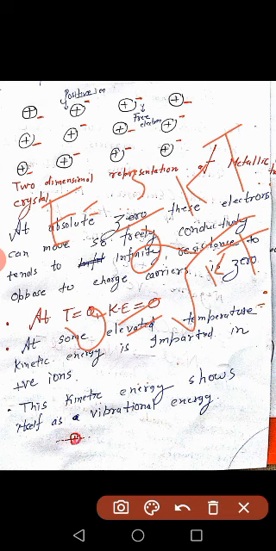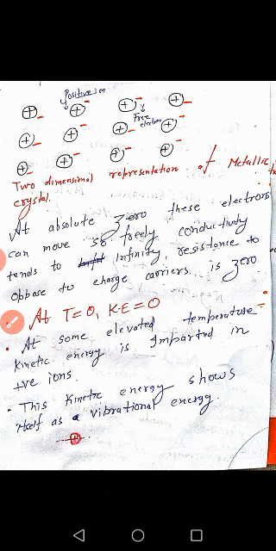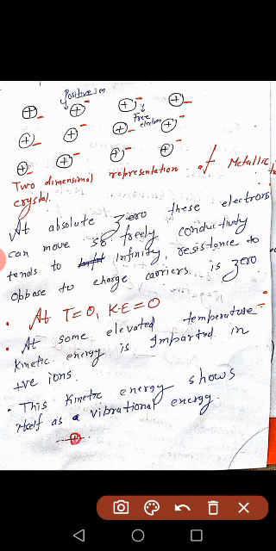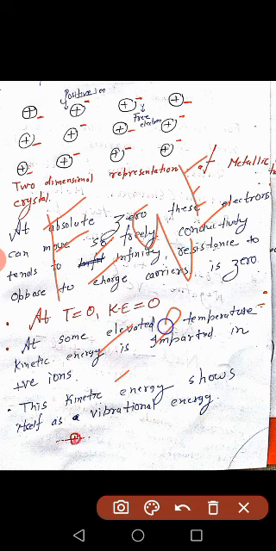But when T is 0, there is no thermal velocity, and whenever a field is applied, the electron gets influenced by the field, and there is a force on the electron, F equal to QE, where Q is the electron charge. Whenever an electric field is applied, there is a force on the electron, there will be some acceleration, and the electron will start moving.